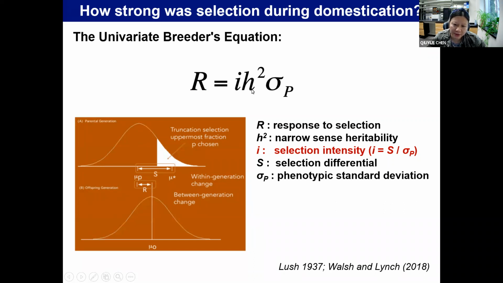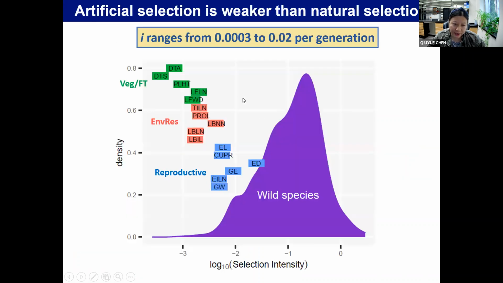H square is the narrow-sense heritability, and sigma P is the phenotypic standard deviation. By using this equation, we calculated in our populations that the selection intensity ranges from 0.03% to 2% per generation.